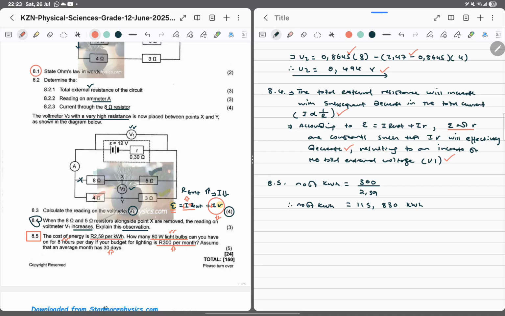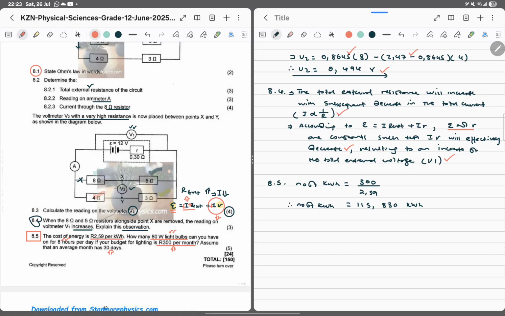From this one, I want to use this guy. Okay, guys, those are the kilowatt hours for 30 days.